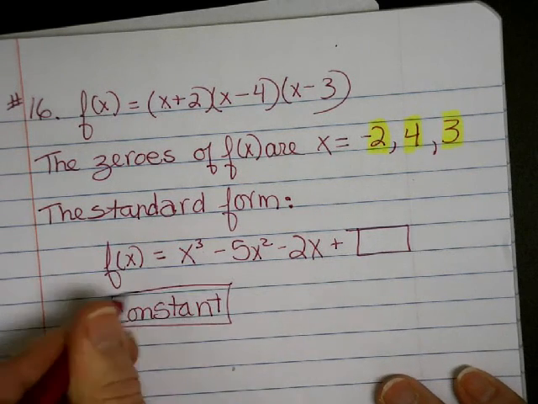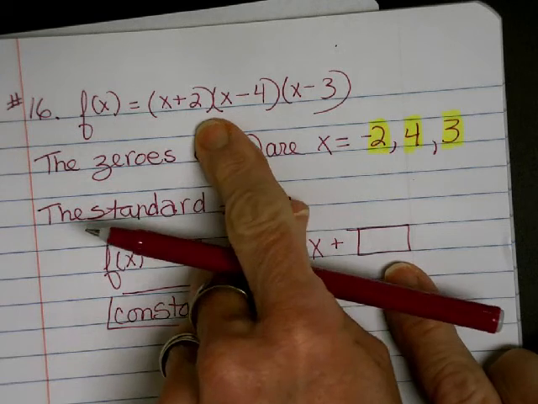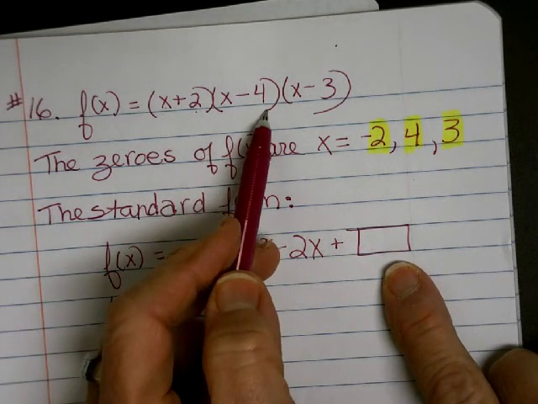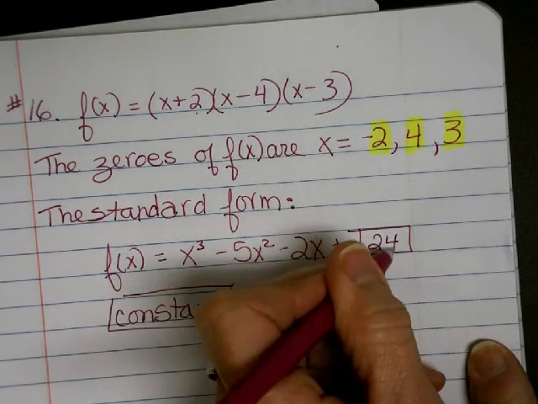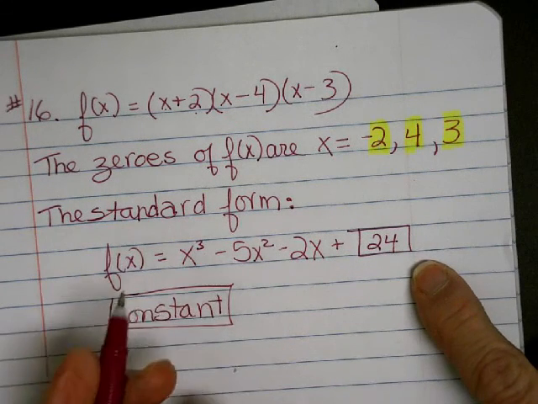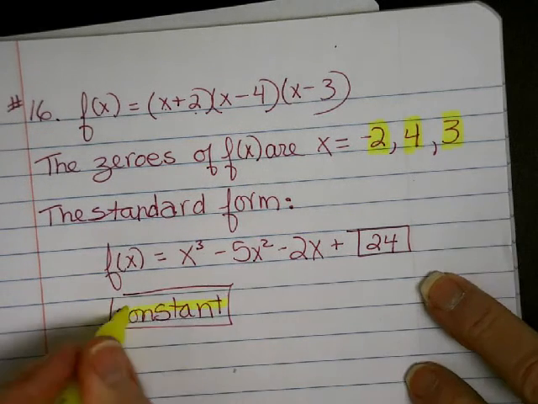Lost my eraser. So that's where this comes from. So I go up here to the constant terms and I multiply them together. 2 times a negative 4 is a negative 8 times a negative 3 is a positive 24.